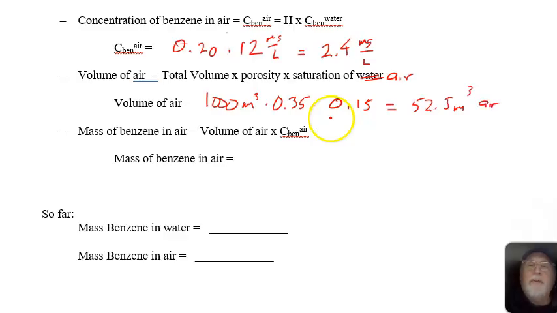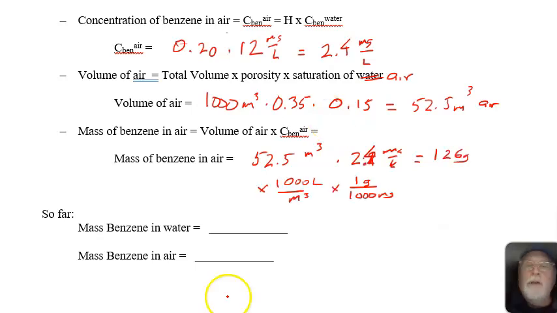So I take that 52.5 cubic meters of air times the concentration of benzene in the air, 2.4 milligrams per liter. That comes out to 126 grams. I just wrote the unit conversion there. So it's 126 grams, or 0.126 kilograms.